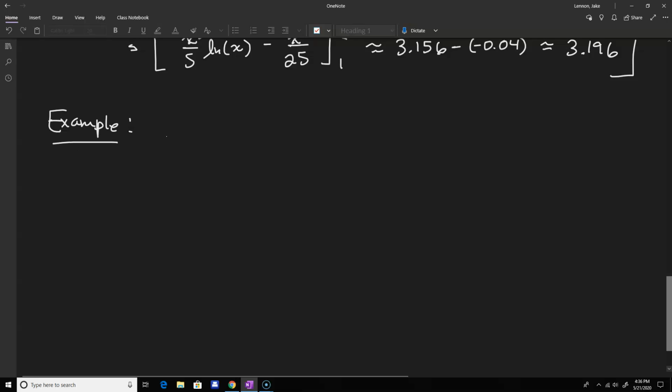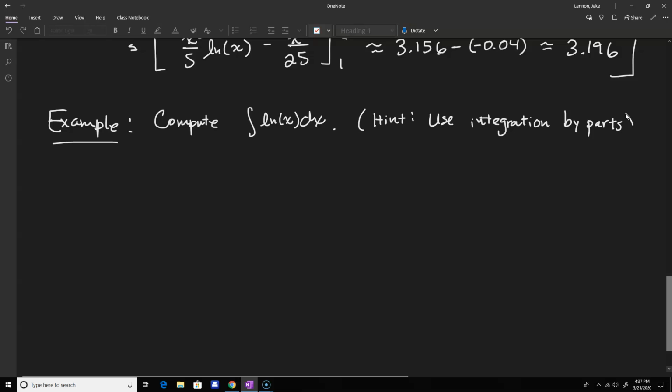We'll say compute the integral of the natural log of x dx, and basically we could say hint, you see this given as exercises a lot, use integration by parts. So pretty exciting stuff.